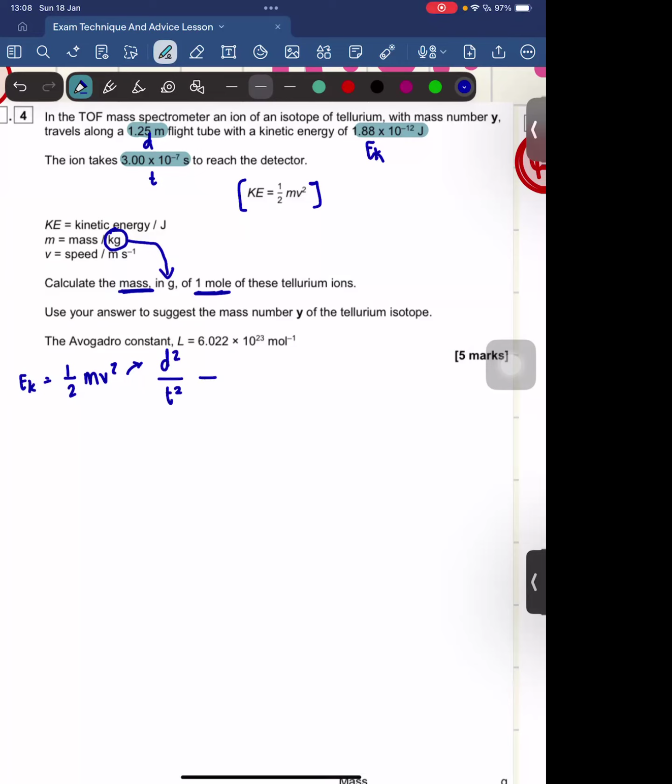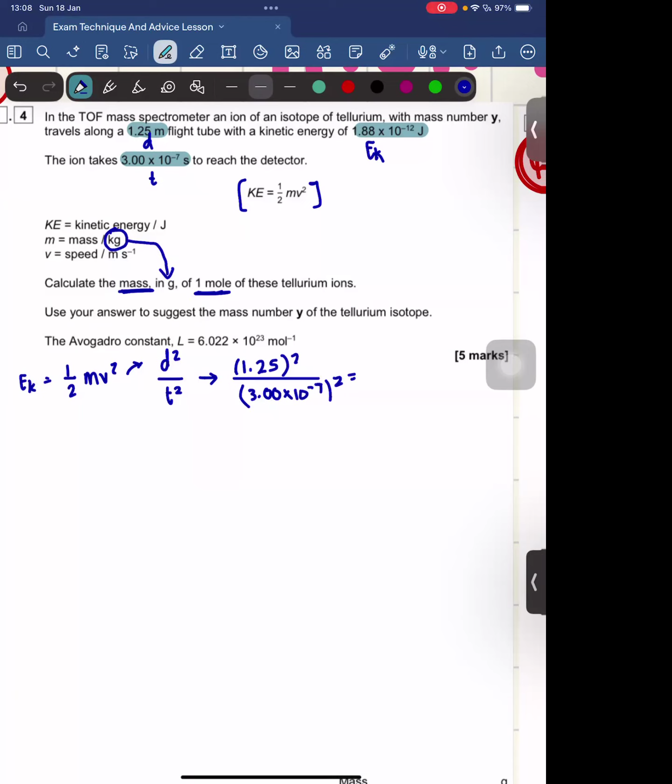So to work out our v squared, we do our distance, which we got as 1.25, over our time, which was 3.00 times 10 to the minus 7, squared. That will give us our velocity squared, which we can directly input. Let me just pop that into my calc.